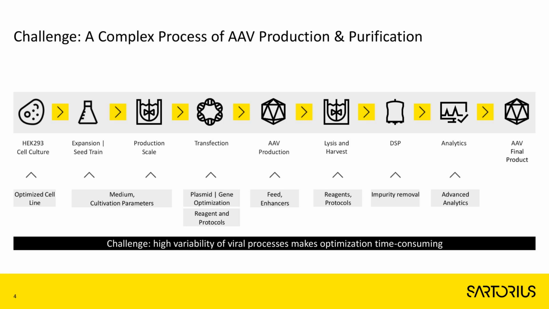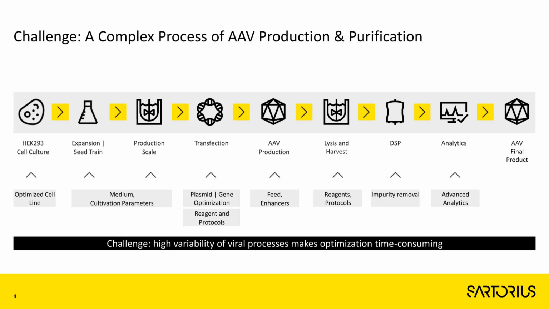Now, if we look at the challenges of AAV production and purification, it has quite a long process where you usually start with HEK cells, expand them in a seed train, go to production scale, and transfect them. Usually, that's the most common approach now.